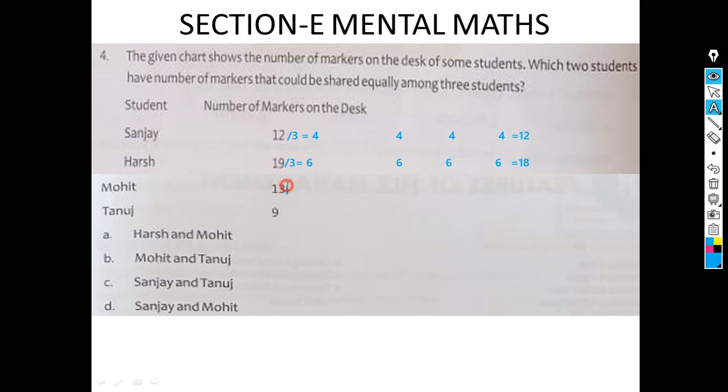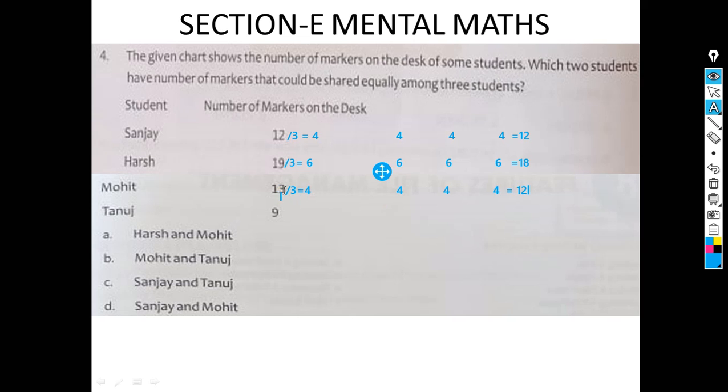And now let us have a look at Mohit. Mohit will divide these 13 markers among 3 students. So 13 divided by 3 we will get 4. This means Mohit will give first 4 markers to the first student, next 4, and then the remaining 4 for the last. But if we find out the sum of the markers that Mohit will give to 3 students, that will make 12.